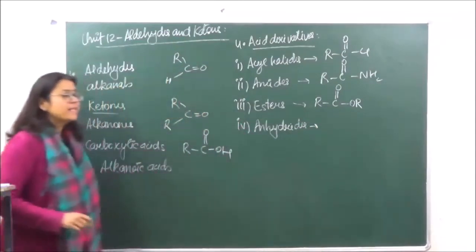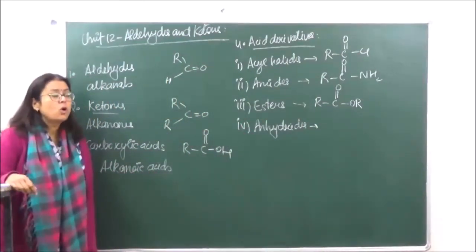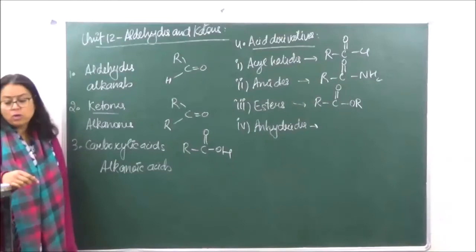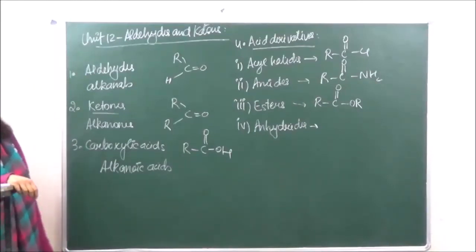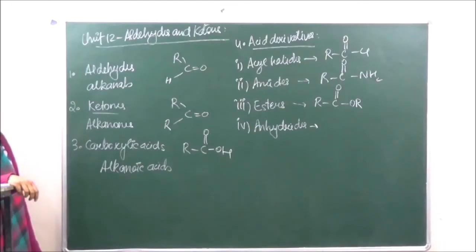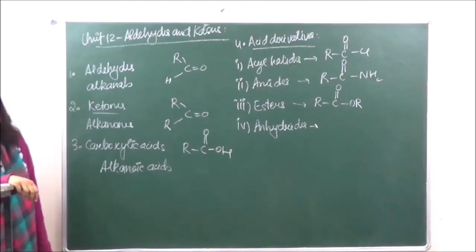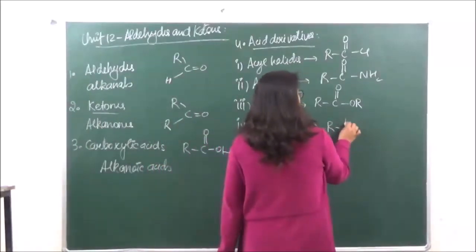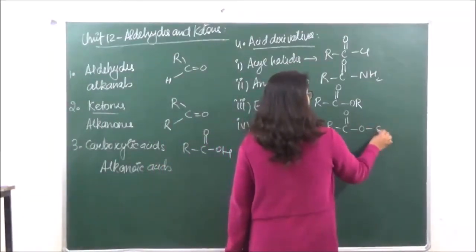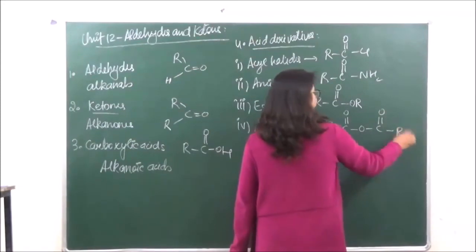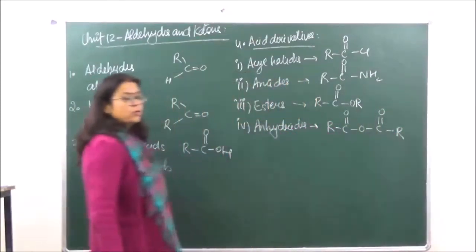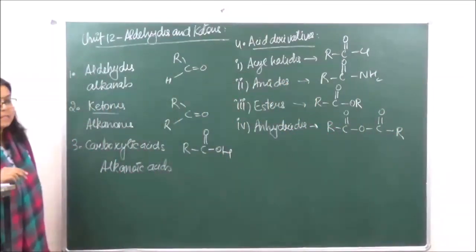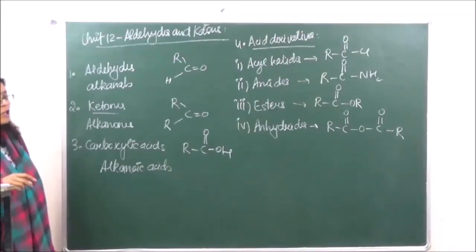anhydrides. Anhydrides are formed by the loss of one water molecule from two molecules of any kind of acid, right? So this is going to have a general formula of the type RC(=O)OC(=O)R. These are anhydrides which are formed by loss of water molecule.